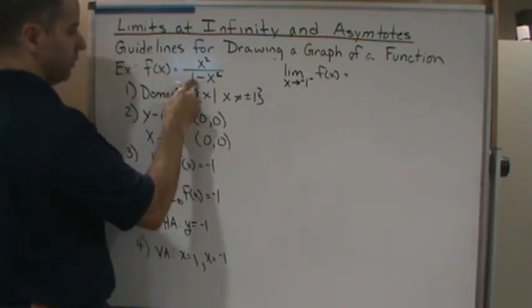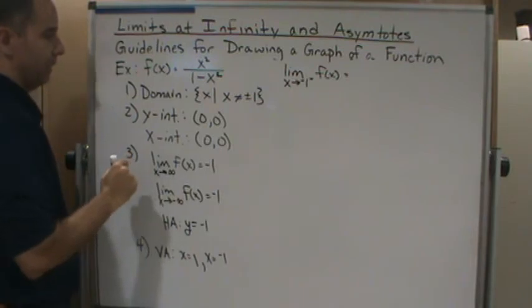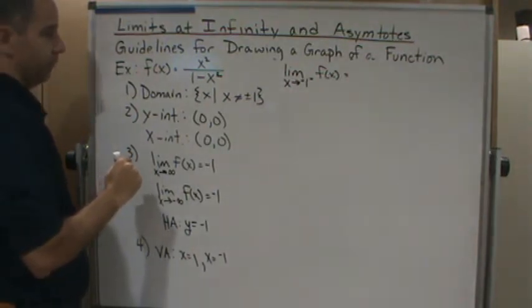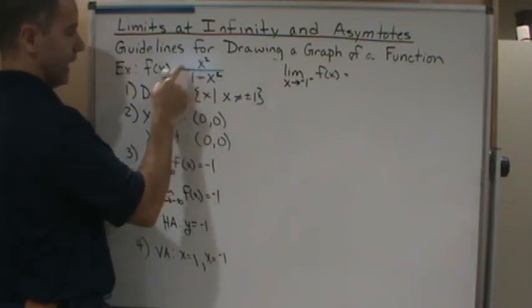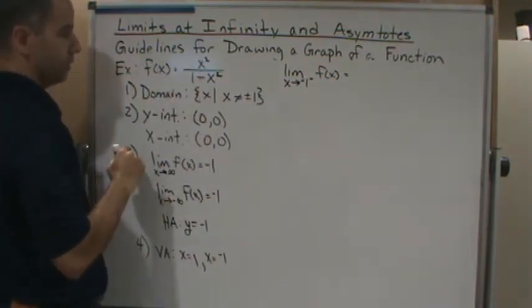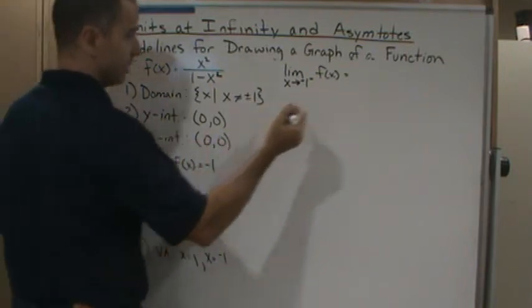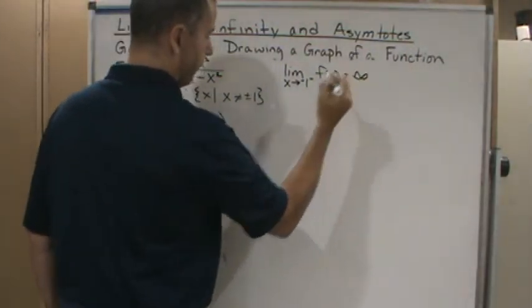So you're going to get a positive value on the bottom and a positive value on the top. But the bottom is going towards 0, and the top is going towards 1, which means that this thing is going to go towards positive infinity.